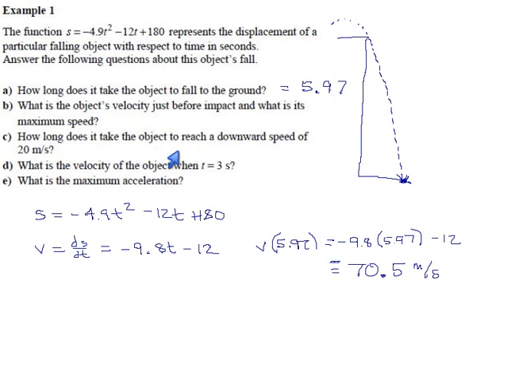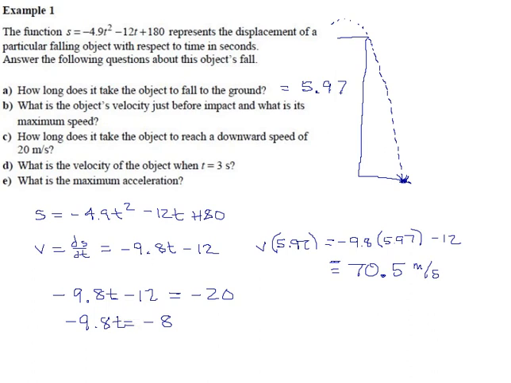How long will it take the object to reach a downward speed of 20 meters per second? Well, this is the velocity at any time. So if you want your velocity to be minus 20, then you're asking for this to equal minus 20. And we can solve that for t without too much trouble. Add 12 to each side. Oops, sorry, minus 9.8t.